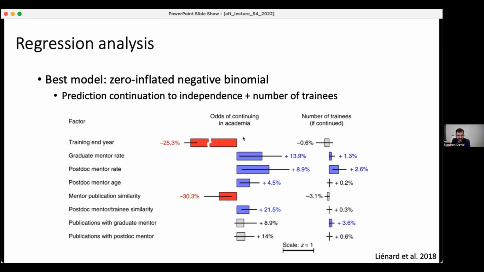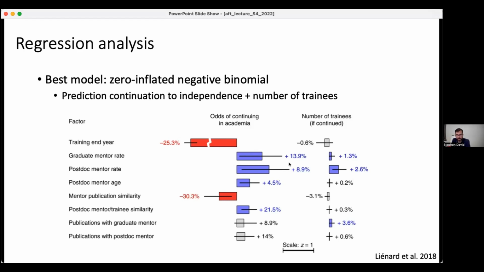I don't know if this is interesting, disheartening, or heartening, but as time has passed, the odds of continuing have decreased. As the pool of trainees has grown, the number of trainees getting continued faculty jobs has gone down. Again, that's something that's pretty well established.